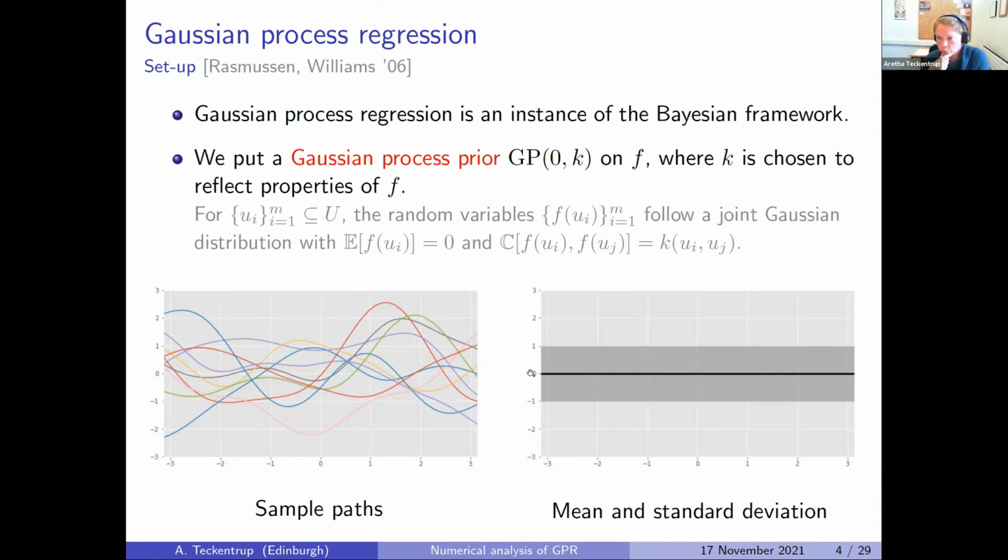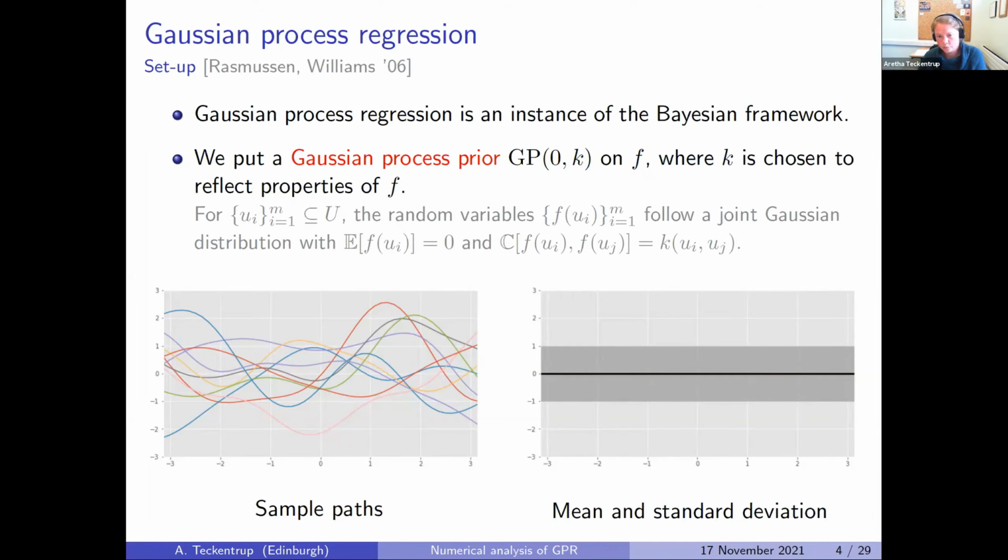And as I said, at each point, your function f is now a Gaussian random variable, in this case with mean 0 and variance 1. So what these sample paths look like is that you get something that stays close to the mean, and then it fluctuates around the mean with a size proportional to the standard deviation. In this case, we get something that stays close to 0 everywhere and then fluctuates around it.